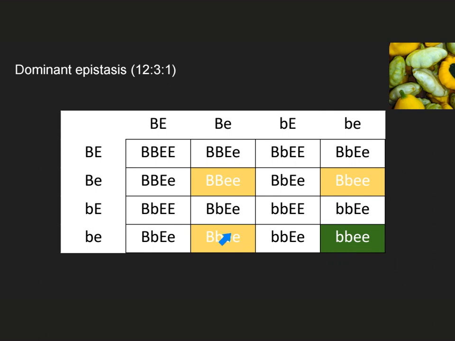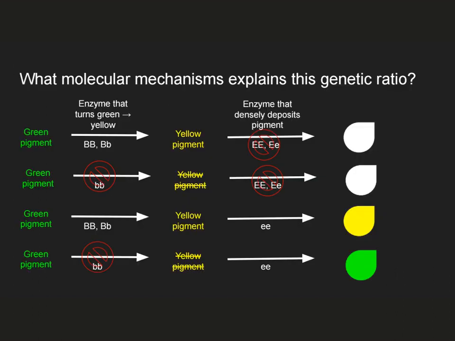I have chosen this as the 3, where again, it's the little e allele, but at least one copy of the big B allele. And for the 12, I've chosen anything that has at least one copy of the big E allele. So what molecular mechanism could describe this pattern in the F2?